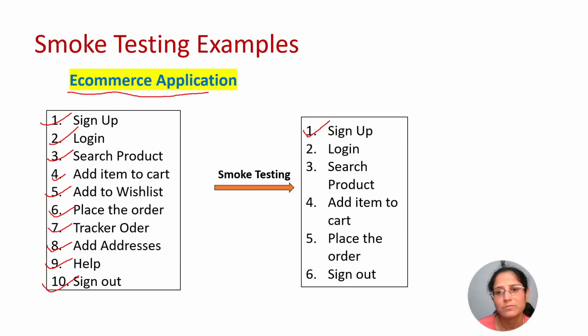The second is whether the registered user is able to log into the application, then whether they are able to search for a product, add the item to the cart, place the order after adding the item to the cart, and finally sign out from the application. So as part of smoke testing, I check these major or critical features of an application.